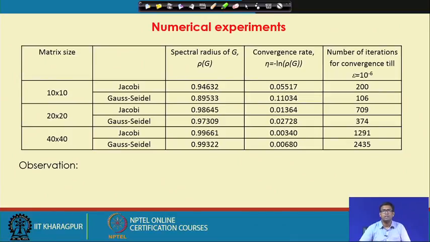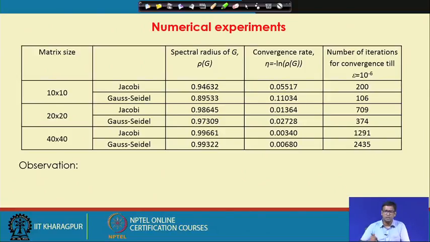So, there is a relation between convergence rate and number of iterations. Roughly, if we multiply the convergence rate with the number of iterations, that is roughly constant, at least in this case. In other cases we will also see this, at least for the same size of matrix. So, once we have Gauss-Seidel, we have a lesser spectral radius, therefore the convergence will be faster, with fewer iterations.